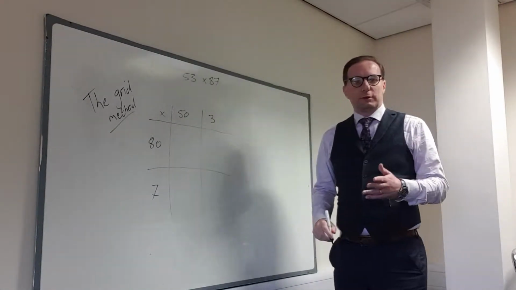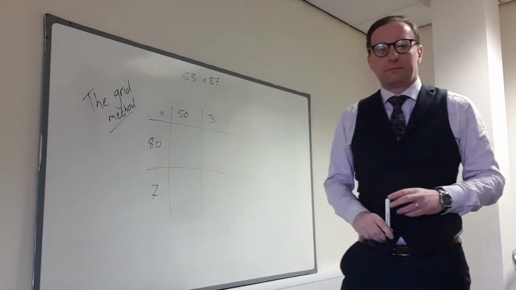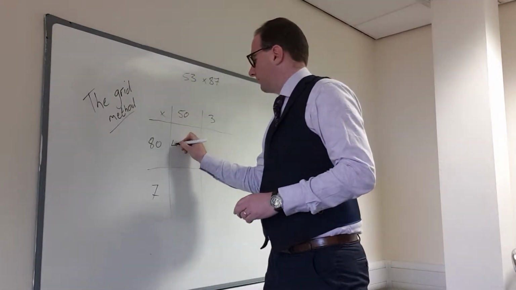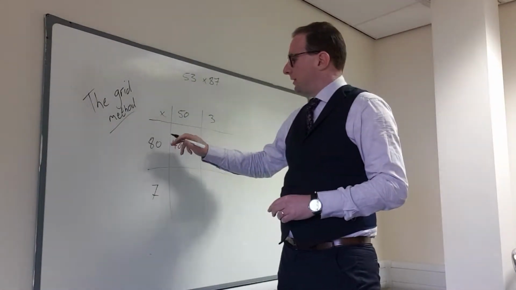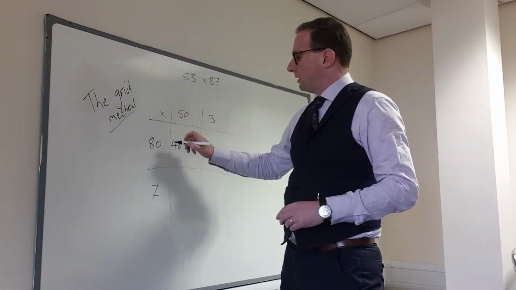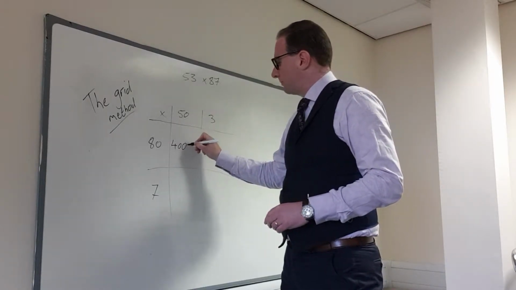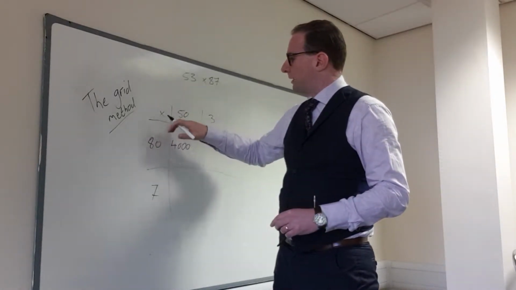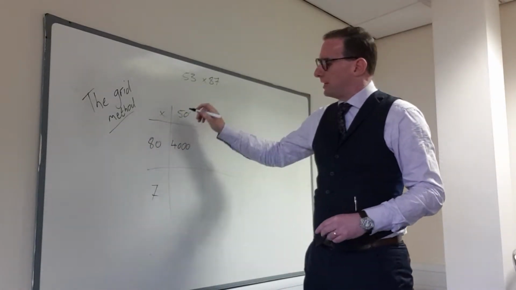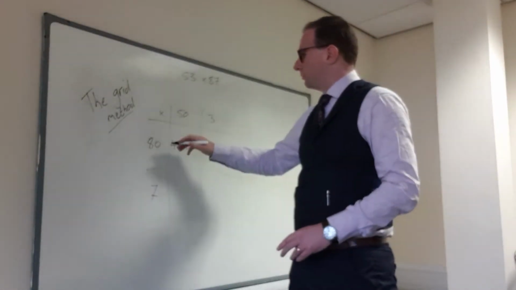So, first thing we need to do is look at 8 multiplied by 5, which is 40. And then what we do is 80 multiplied by 50, and we just need to add these two zeros on. So you multiply the two basic numbers and then you add your zeros on. It's an easier way of multiplying those numbers.